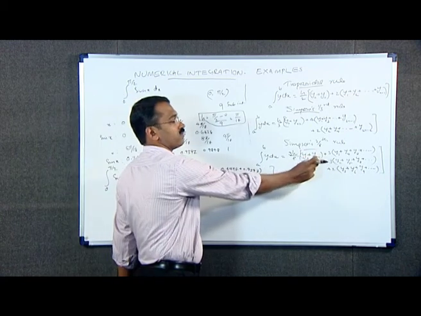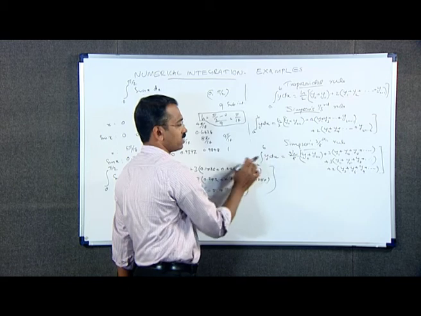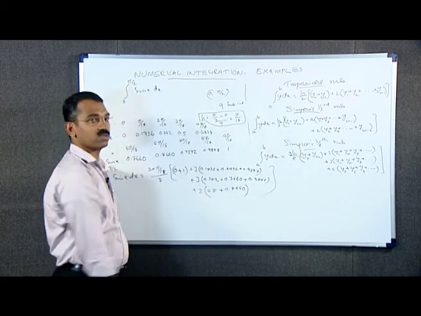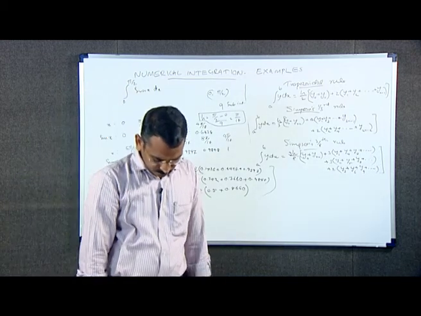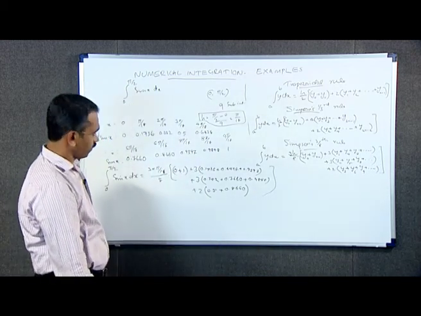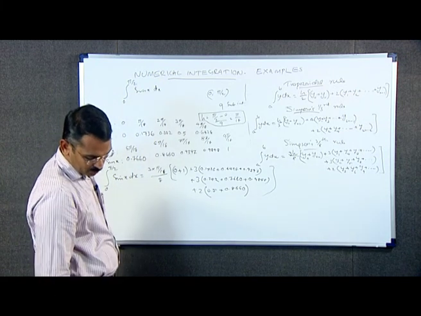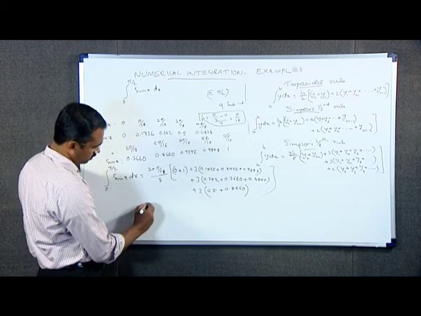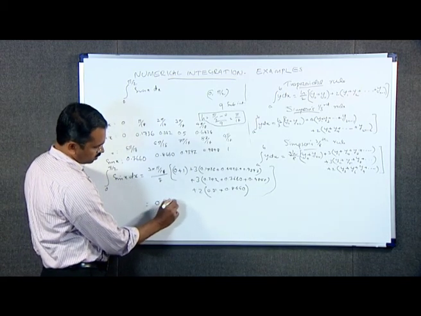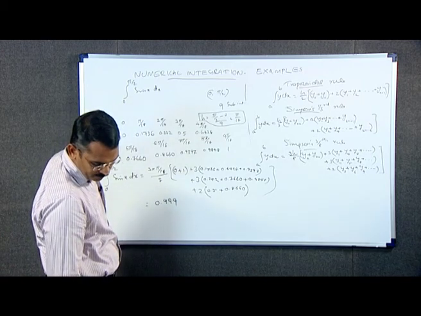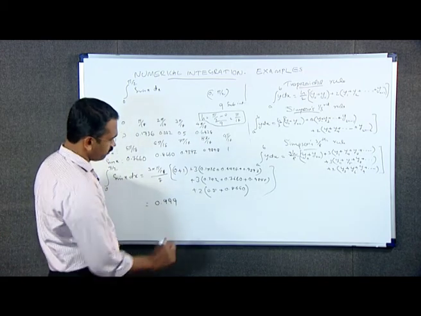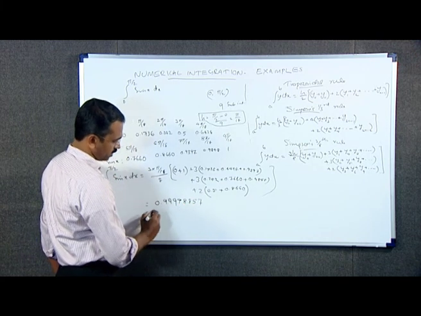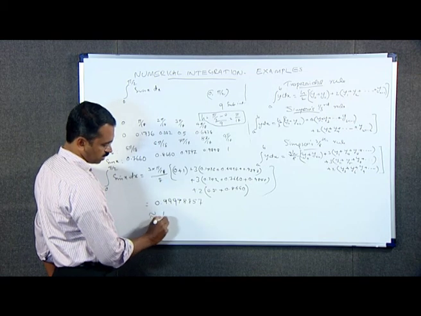We already took the last ordinate one here, therefore here 2 times 0.5 plus 0.8660. On simplification, we get the approximate value as 0.9999887, which is approximately equal to 1.